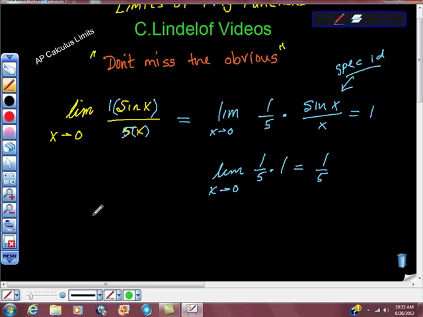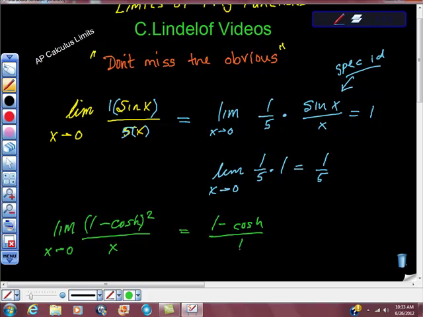Let's try the limit of 1 minus cosine of h squared over x as x approaches 0. Again, we have to recognize that we have 1 minus cosine h over h. This should all be h, sorry. Should all be h.